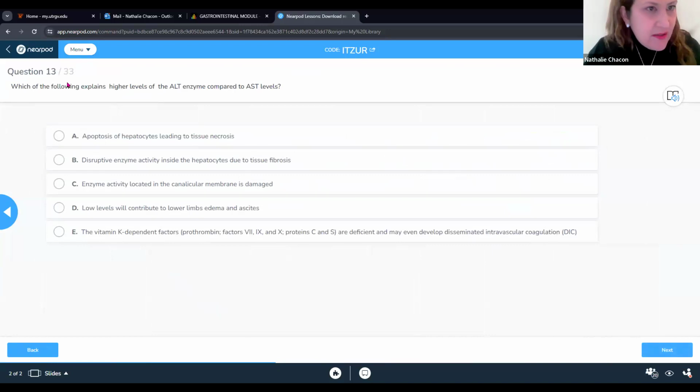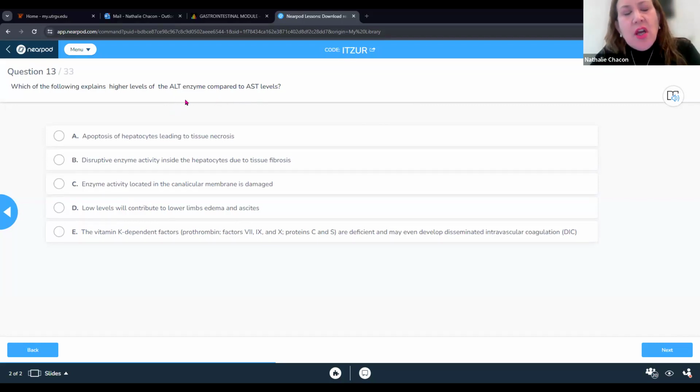Okay, and this is the last one I'm going to go through, unless you have other questions about any of the other ones. This is very important because when we get up to liver diseases, from the pathophysiology side it is important to understand the difference between ALT enzyme and AST enzyme.